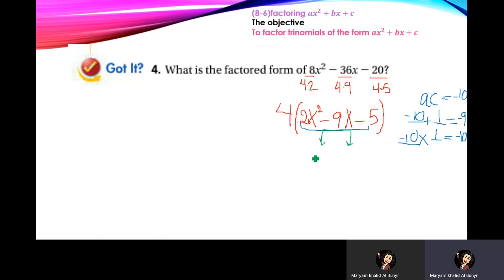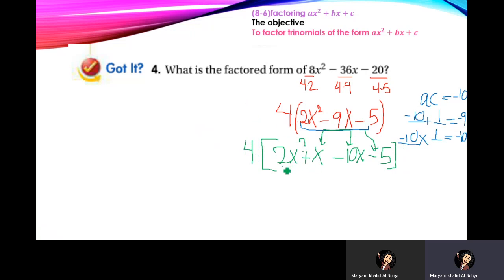I will write here only 1x minus 10x. Now I will drop what I have, minus 5. Then I will drop what I have here, 2x squared. Don't forget all this times 4.